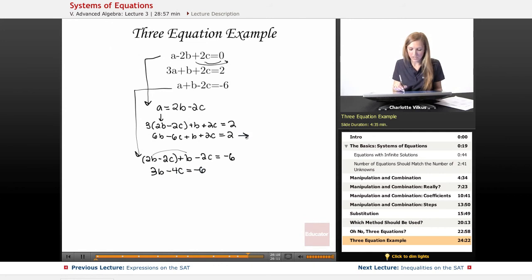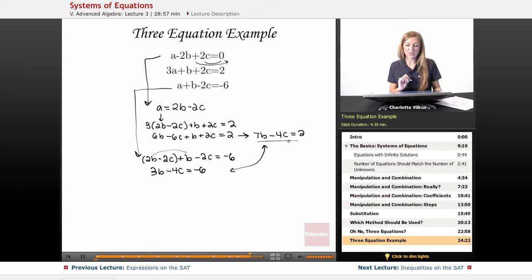And here, when we combine like terms, I'm going to get 7b, and then -4c equals 2.